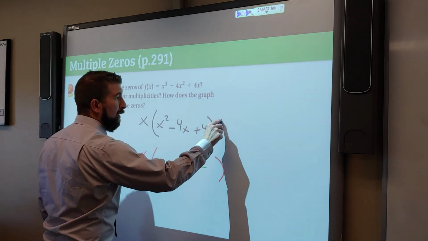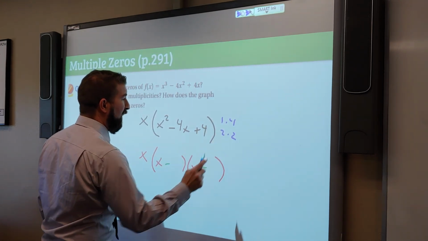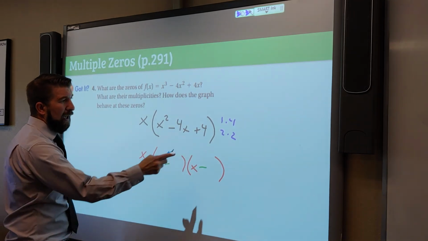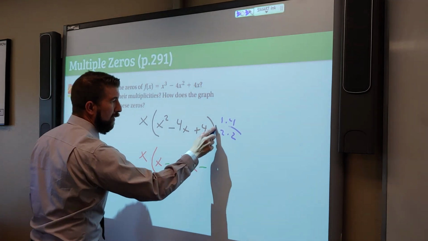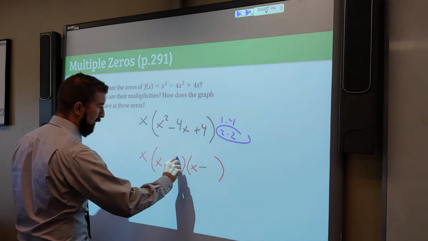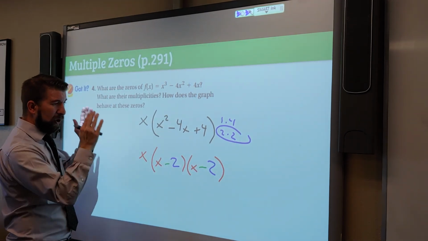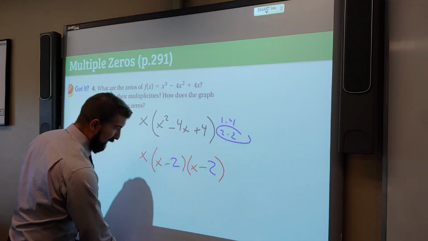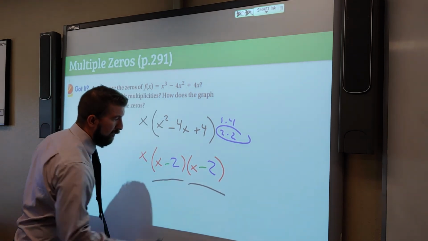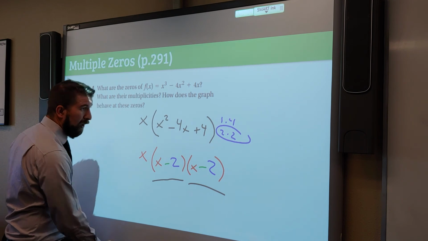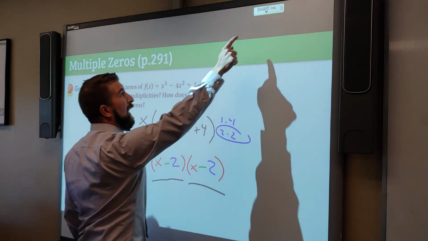And then finding my multiples that add up to be 4. That's going to be 2. So this is going to be x minus 2, x minus 2. That is my repeats. So you put that as your answer.